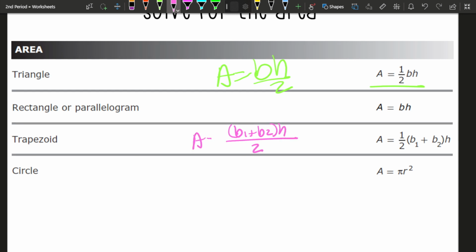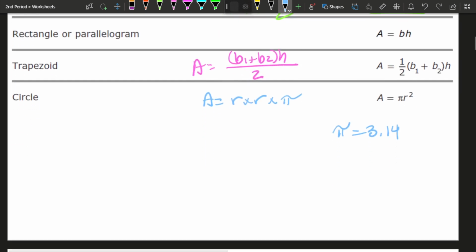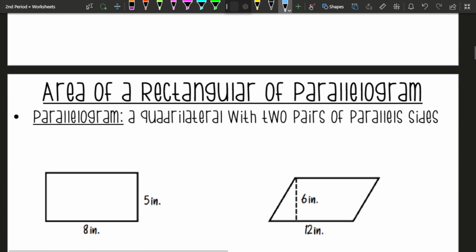Anytime there's a fraction like a half, it's the same thing as divided by 2. And then we have the circle formula, which we covered plenty in the previous lessons, and we wrote this like radius times radius times pi, and let's not forget that pi equals 3.14.